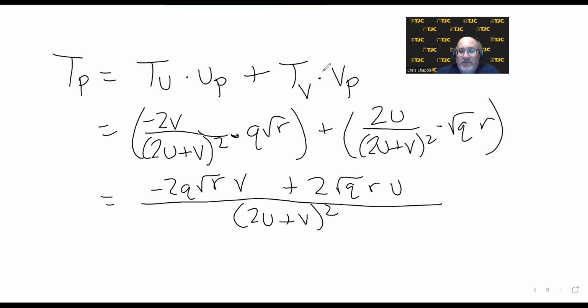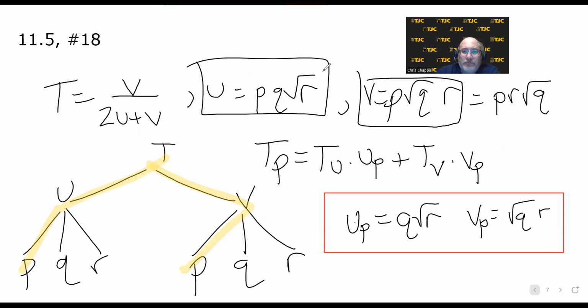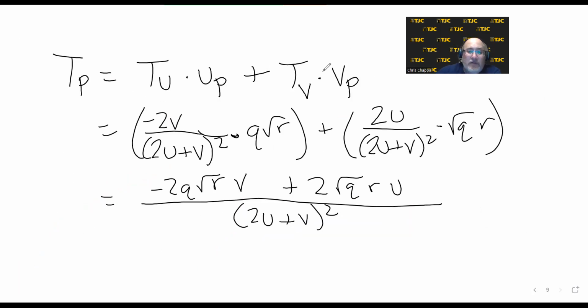And then we can replace V and U with what they equal. V was equal to P squared of QR. So V had the Q square rooted and U had the R square rooted. Negative 2Q squared R. I forgot which one had which.